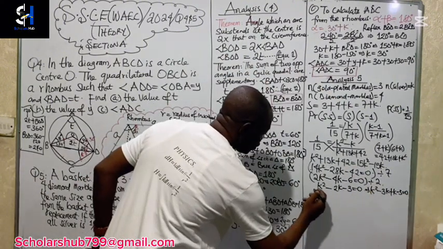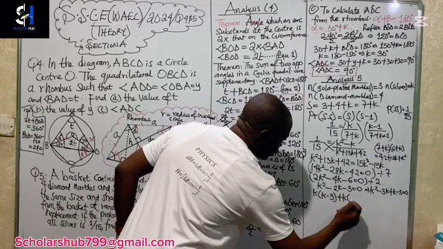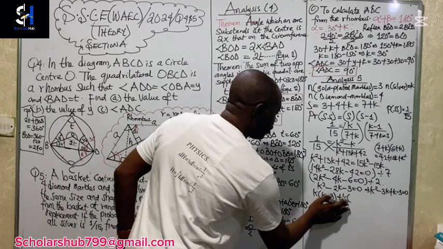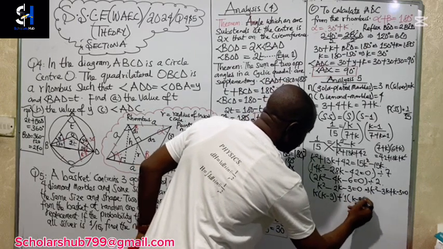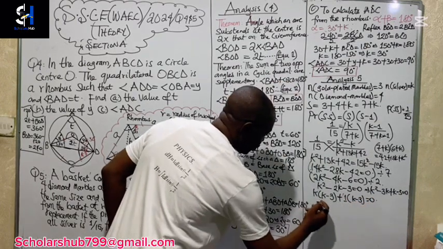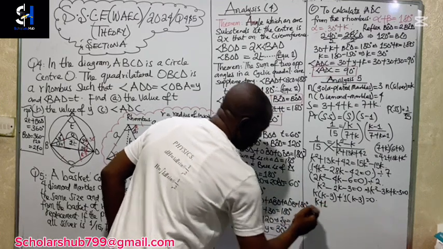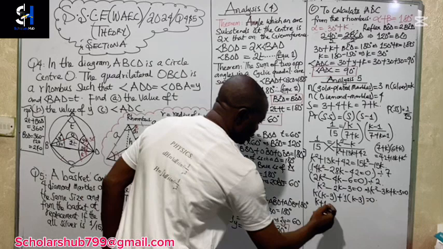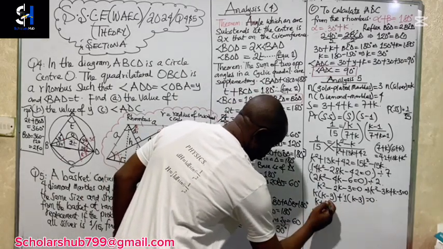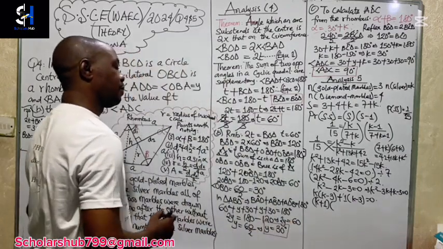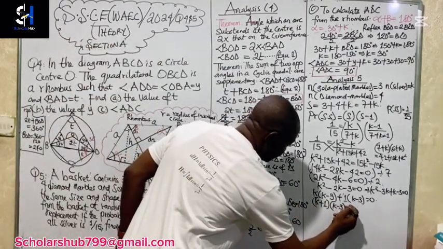So we can break this into two: k into k minus 3, plus 1 into k minus 3 equals to 0. So we have k plus 1 and k minus 3 equals to 0, by the product law.